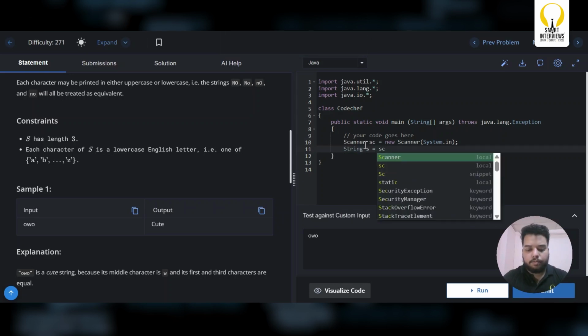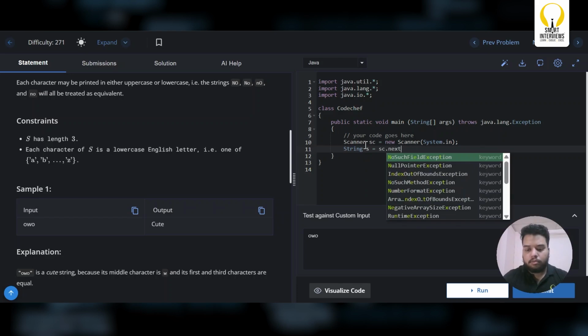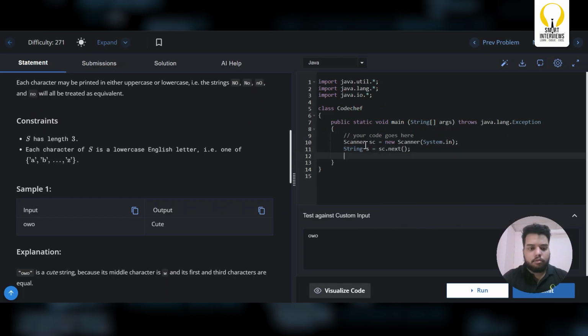Then I need to check if my first character is equal to my last character. And they have mentioned that s is only of length 3, so no need to handle any other cases.